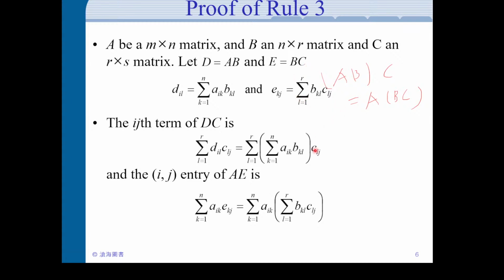Then we can think about the ij element of DC, which is equal to A times B multiplied by C.